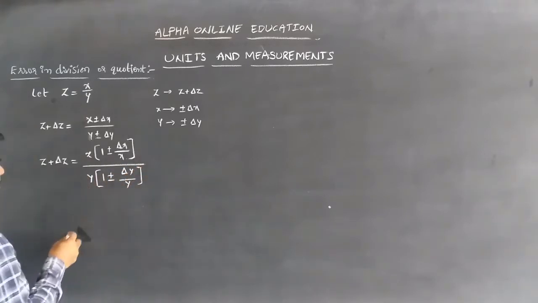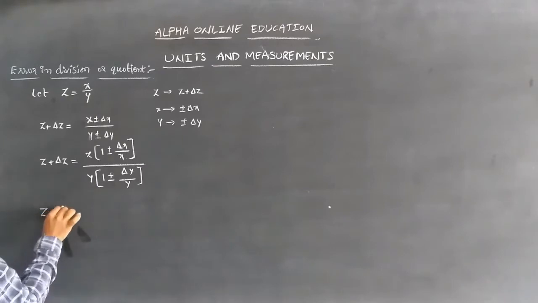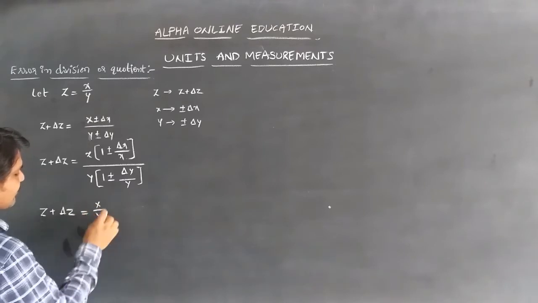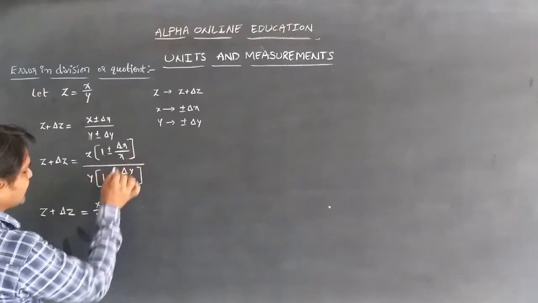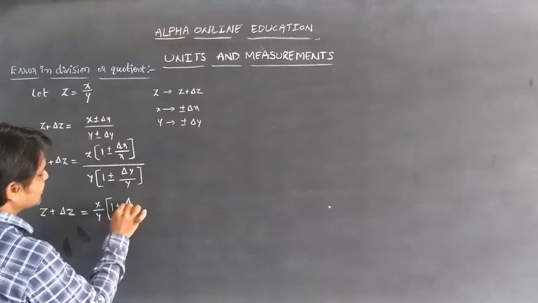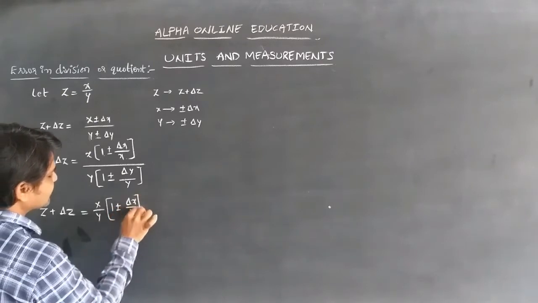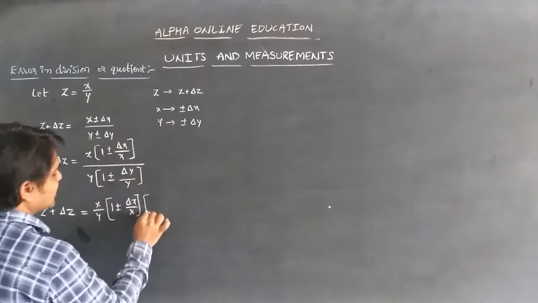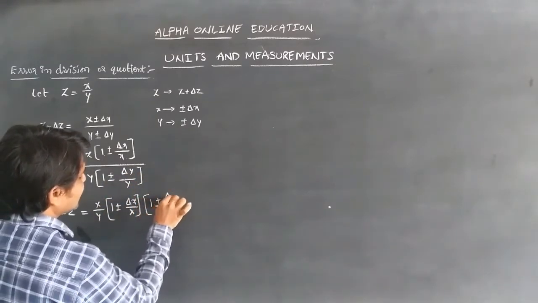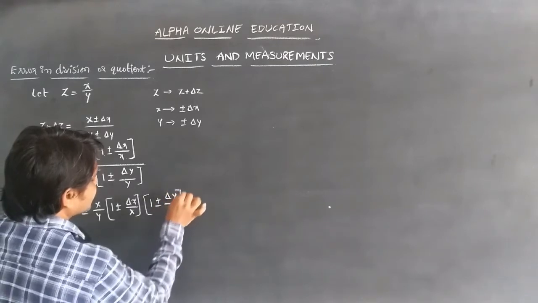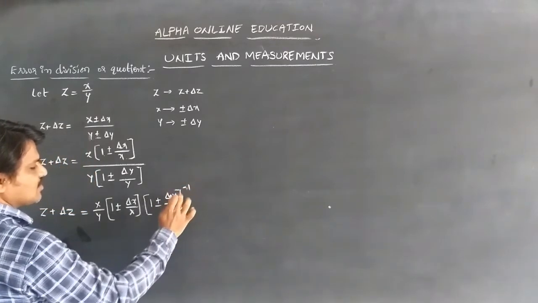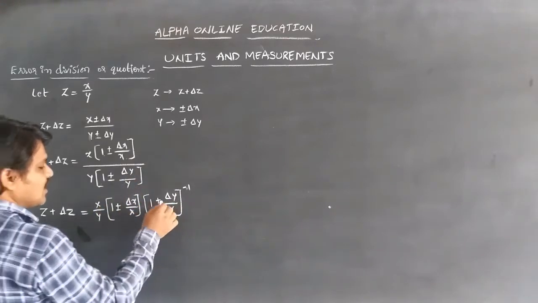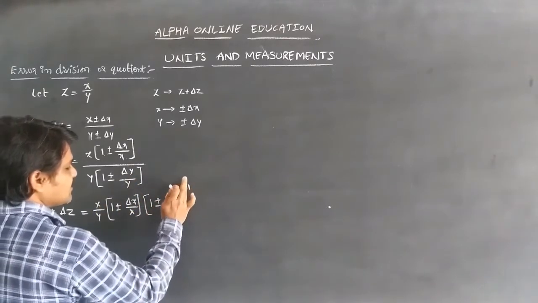If we write this equation, we get z plus delta z is equal to x by y of 1 plus or minus delta x by x, and as well as 1 plus or minus delta y by y inverse.